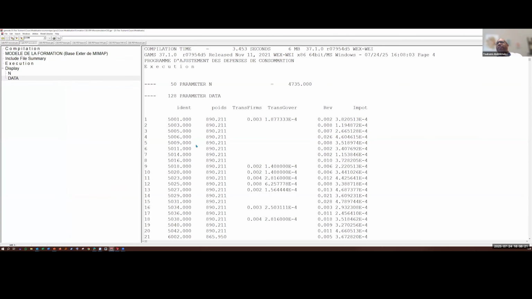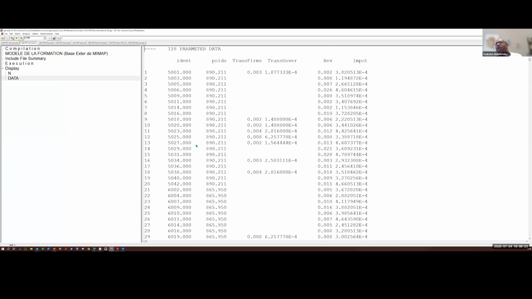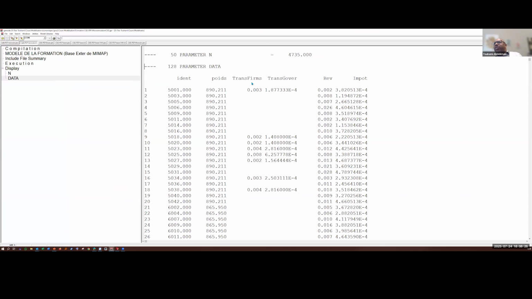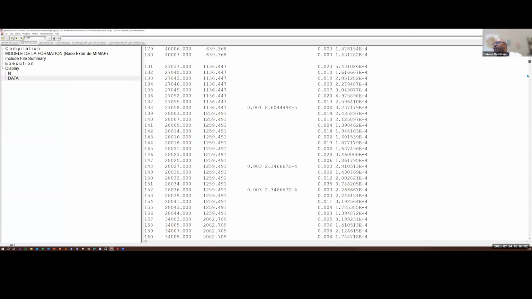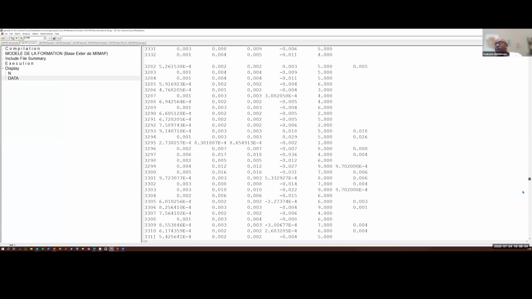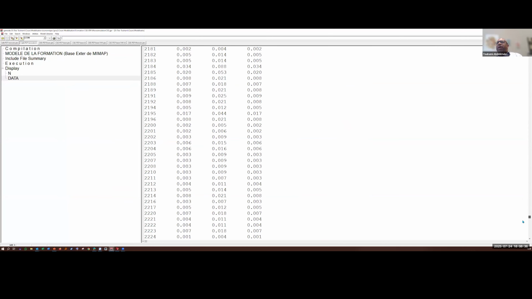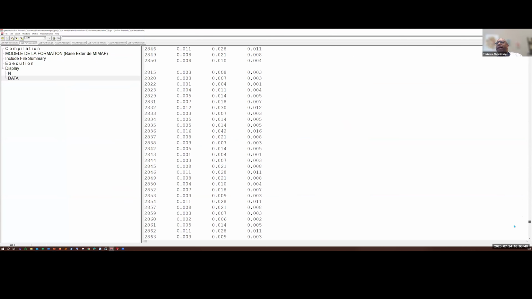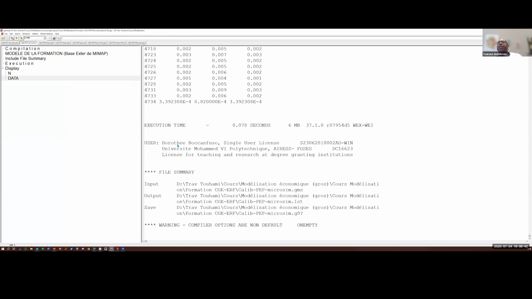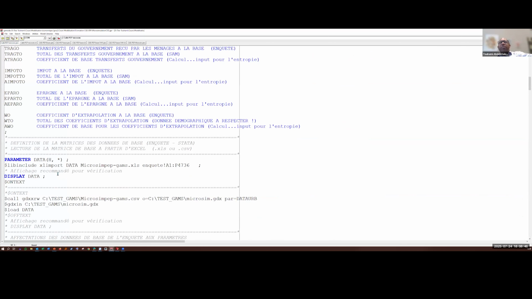So here we have all the data, the transfer from the firm, the transfer from the government, all the variables we have in the survey are now read in GAMS. So now we are ready to go ahead because we have that situation.